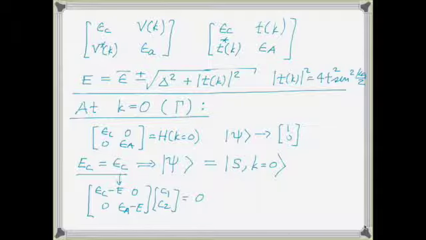So that means this term is also 0. So a column vector that gives me 0 is 1, 0, because I'm just multiplying that by a 0 row. So the diagonal is trivial. You don't need to do anything fancy here.